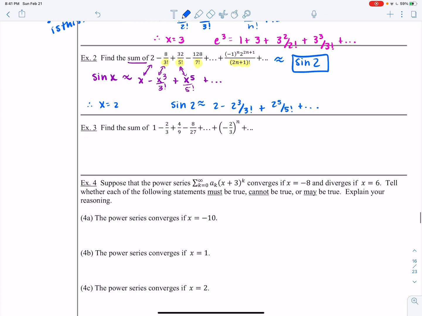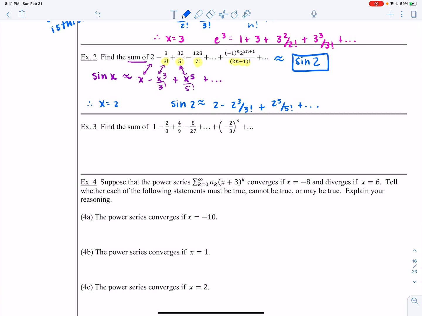Okay. Now this last one is by far the hardest one, because it doesn't look like sine and it doesn't look like cosine, but you know what it does look like? It looks like a geometric series. So if this is geometric, and I can see that the first term is 1, and I'm multiplying by a common ratio of negative 2/3, then the sum of this infinite geometric series should be a1 over 1 minus r.